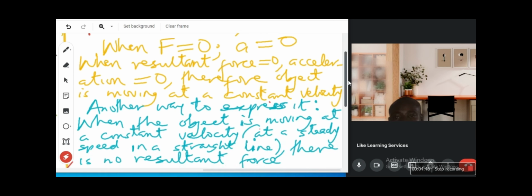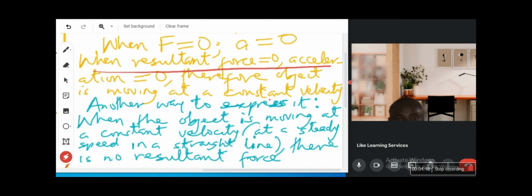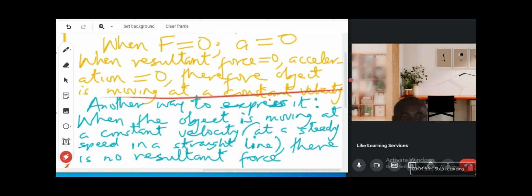So these two statements are saying the same thing. When resultant force is equal to 0, acceleration is equal to 0. Therefore, the object is moving at a constant speed or steady speed in a straight line. Or we can say when the object is moving at a constant velocity or steady speed in a straight line, there is no resultant force.